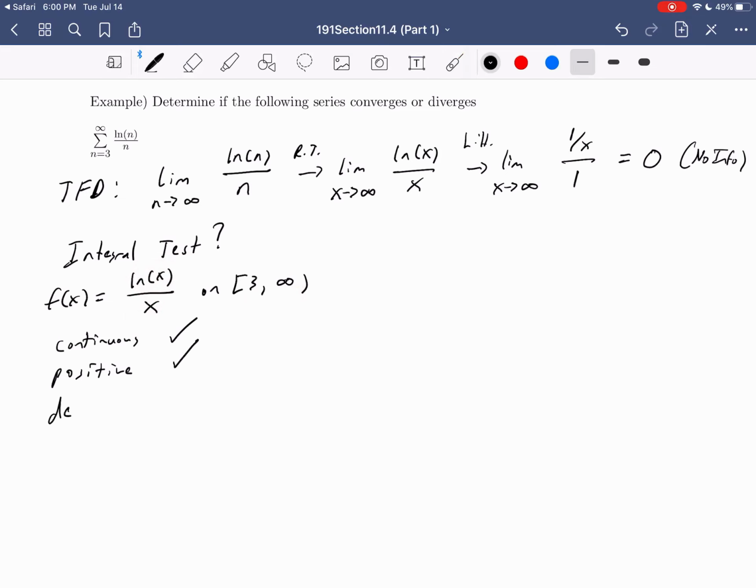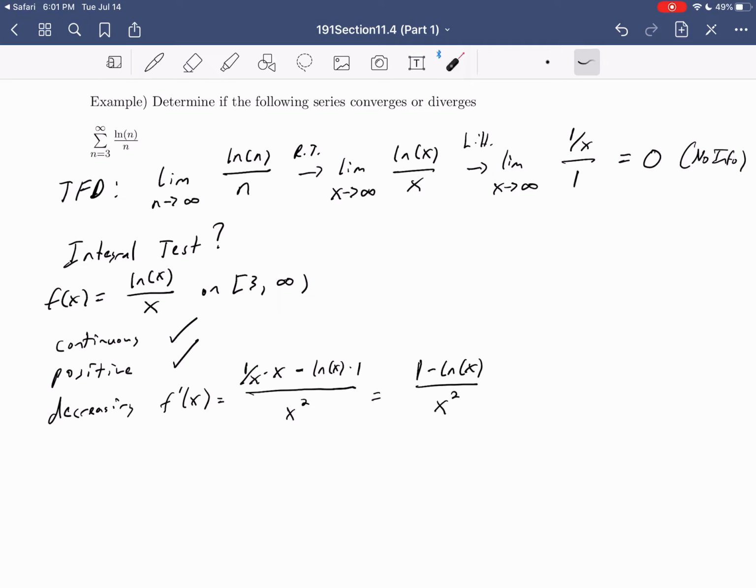And is it going to be decreasing? Well, unfortunately, this and this are both increasing, so the denominator is getting larger, but so is the numerator, so we probably need to use the derivative. If we take a look at the derivative, we'd get 1 over x times x minus ln x times 1 over x squared. And if we simplify that, we get 1 minus ln x over x squared.